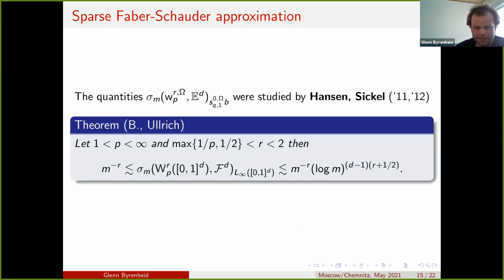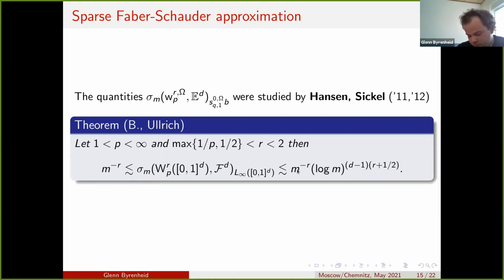And combining their result with the Faber-Schauder discretization theorem gives us the following rate for the best m-term approximation of Sobolev space with mixed smoothness in L infinity by the Faber-Schauder dictionary.